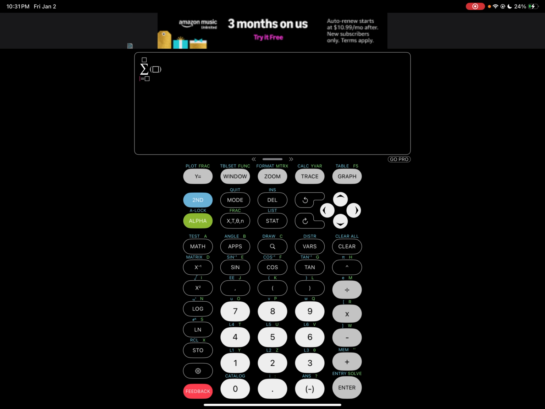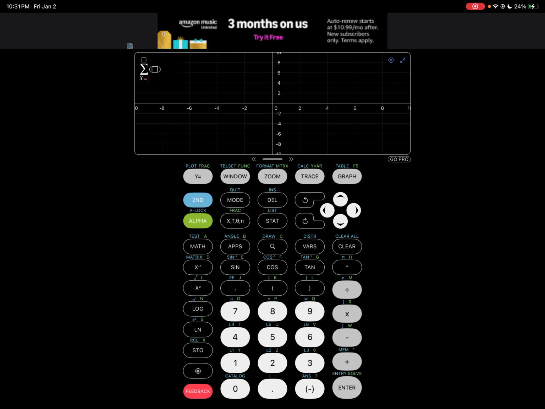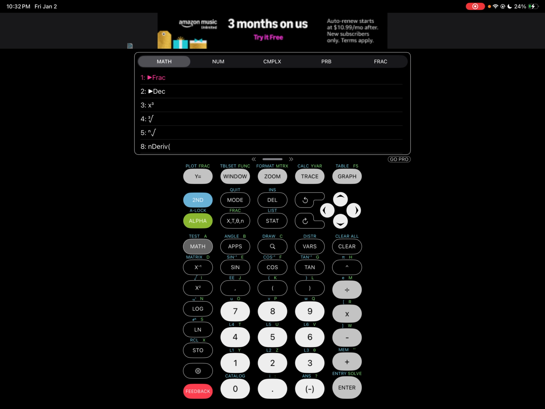So, let's see, the sum from 1 to 6 of negative 1 to the n plus 1, then 1 over n factorial.